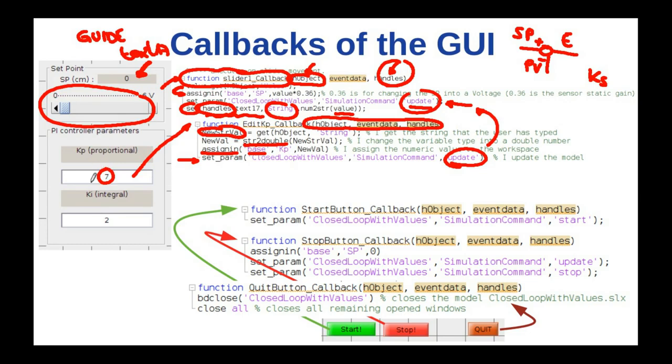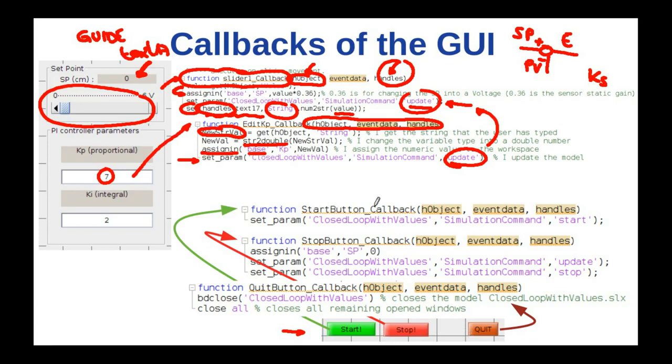The value of kp will be the original one. So we update the model in order to check the values of all the variables at the workspace and then to continue the simulation. Let's go now for this set of buttons, the start, stop, and quit buttons.